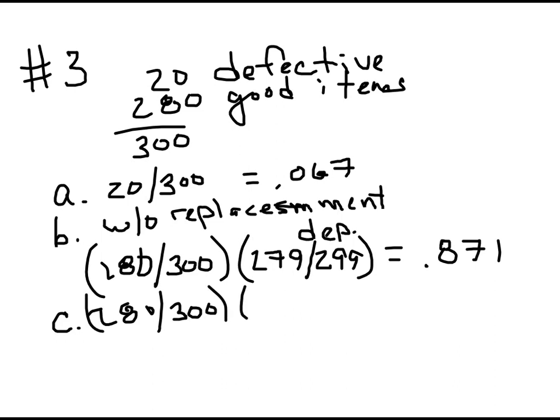And then the probability that the second one is not good, we still have 20 defective items, but our pool is now 299, which means our total probability of selecting a good item on the first draw and a bad item on the second draw is 0.0062.